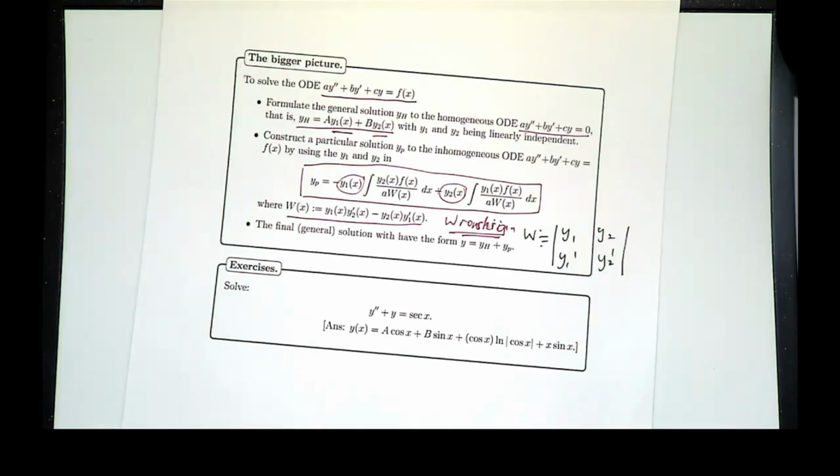You're actually dividing by 0, which isn't a good thing. So this will work as long as the Wronskian's not 0. If you compute the Wronskian and you get 0, then you've probably made a mistake, because in this course we won't give you a problem that really can't be solved.